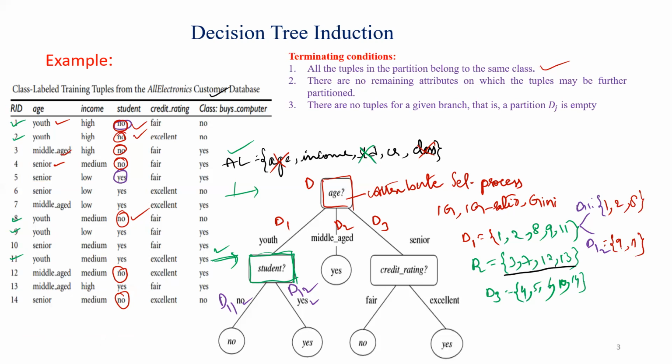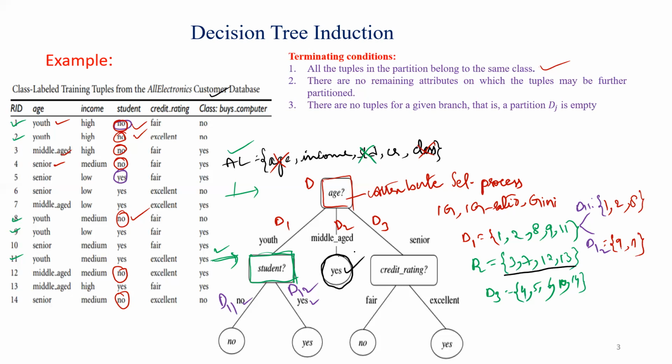All the tuples fall under the same class, same group. No need to grow the decision tree further. We can stop the construction and attach the majority label, the label that they belong to. Here we are attaching S. This is one of the terminating conditions.